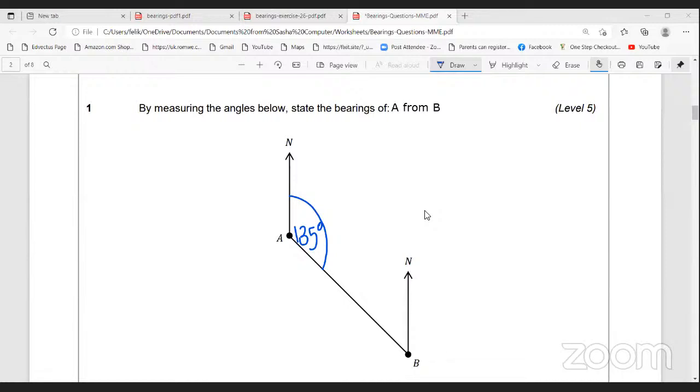What does that mean? Anyone have any idea what that means? Read the question for me, miss.